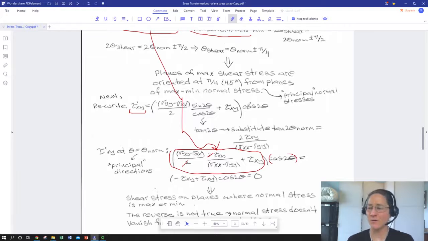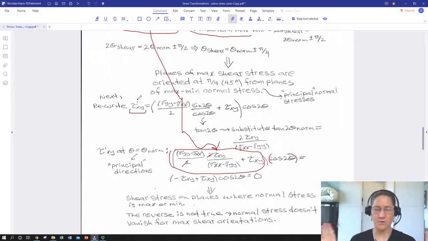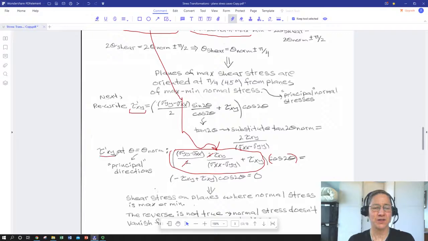So now you can see why we factored out the cosine 2 theta, because it doesn't matter. If we take the expression for shear on any plane at any angle, with the surface normal taken with respect to the x-axis, and we put in an expression for the plane where the normal stress is maximum or minimum, we find that regardless, shear is going to be 0.